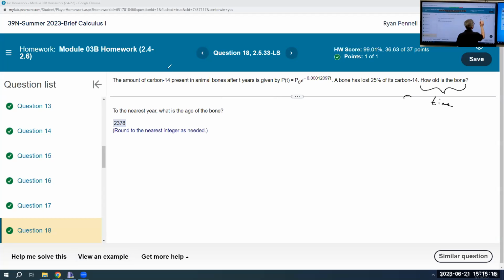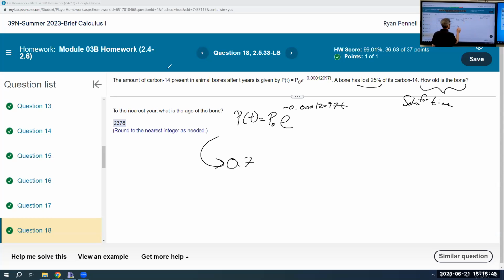They give me the equation, that was nice of them, y equals y naught e to the rt. They said it's lost 25%. So how much is still there? Sounds like 75% is still there.